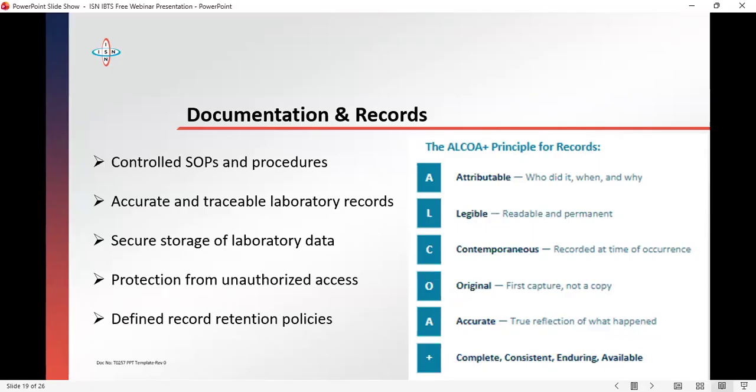Always endeavor to keep the original copy, and it must be a true reflection of what happened.